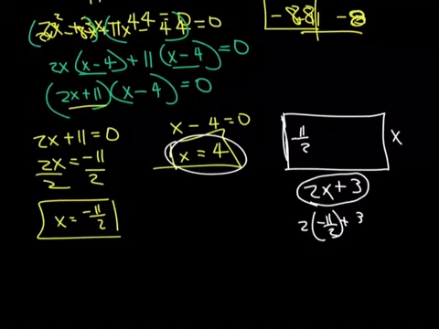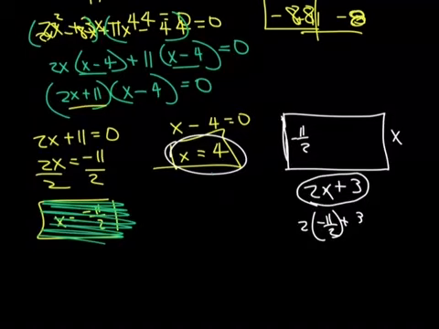Alright, here's where it gets not tricky, but kind of a fooler. Can a length ever be negative? No. So that means this is not even a possible answer, because the width of that rectangle can't be negative. So it's not even possible to use that.